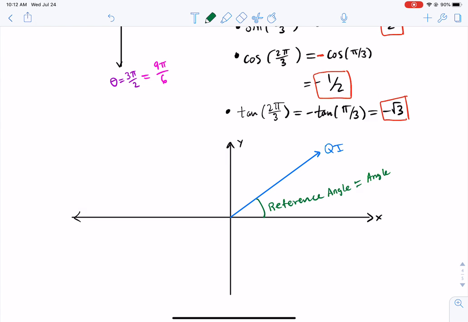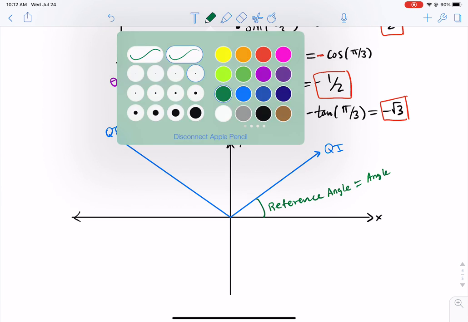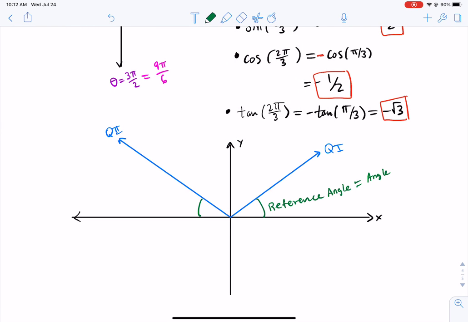If the angle is here in the second quadrant, quadrant 2, then where is the reference angle? The reference angle will be here. They won't equal each other.